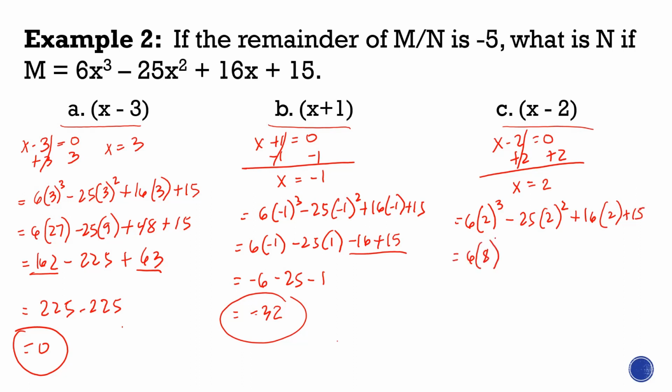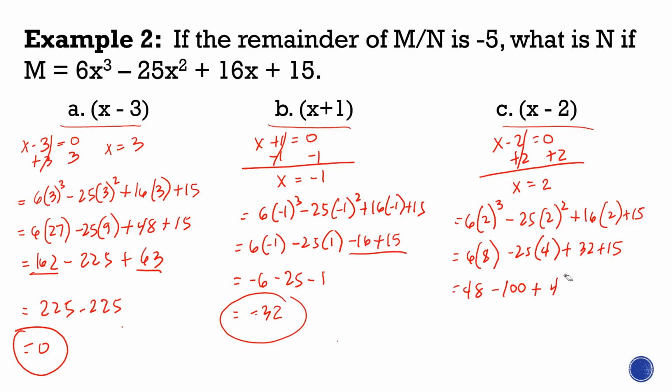This is 6 times 8, 2 raised to 3 is 8, 2 times 2 times 2, minus 25 times 4, 2 times 2 is 4, plus 32, plus 15. This is 48 minus 100 plus 47.